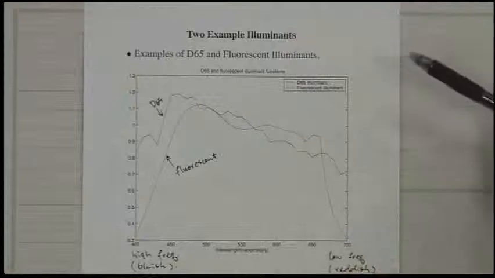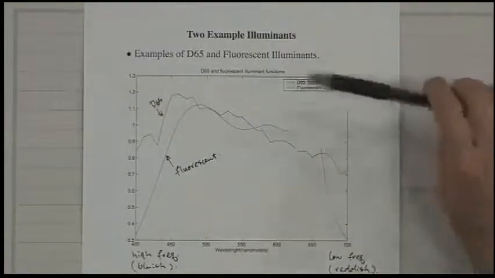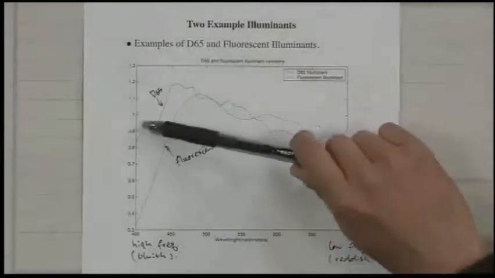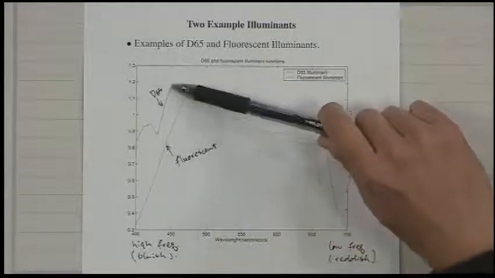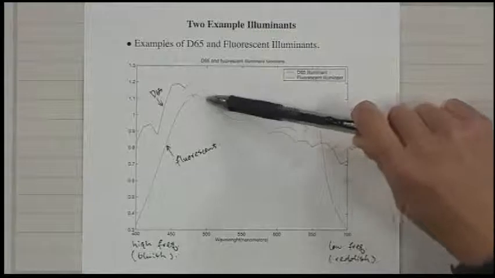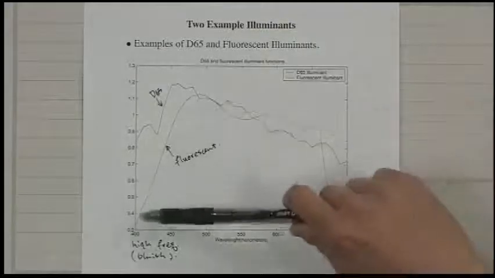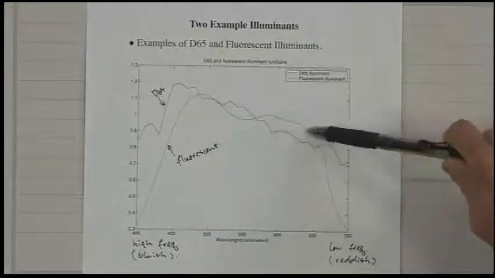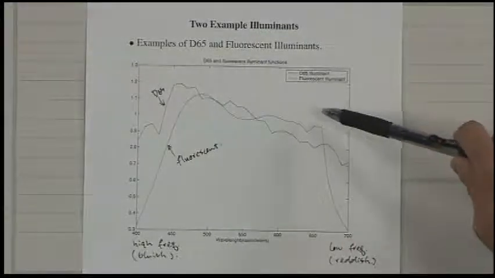This diagram just gives two examples of the power spectrum of two different light sources. The one over here is the power spectrum for D65, and the second one here would be the power spectrum for a fluorescent illuminant.